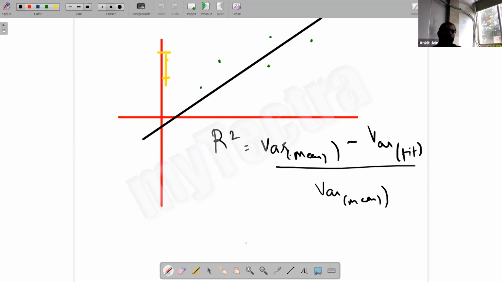Actually, in encoding, I had slightly given a hint of that part. So in encoding, if we give numbers to categories, suppose I have a data set with electronic items, mobile, fashion accessories, and so on.